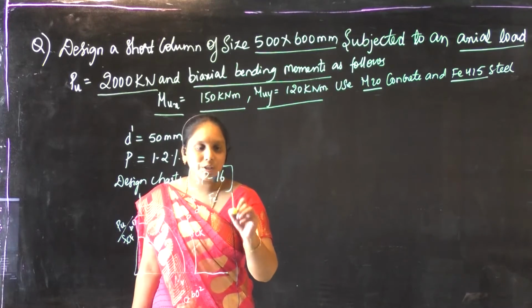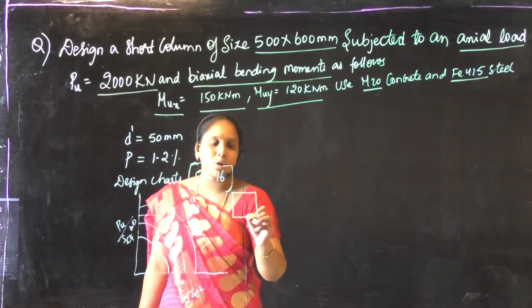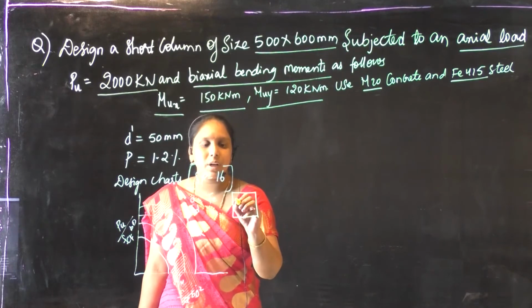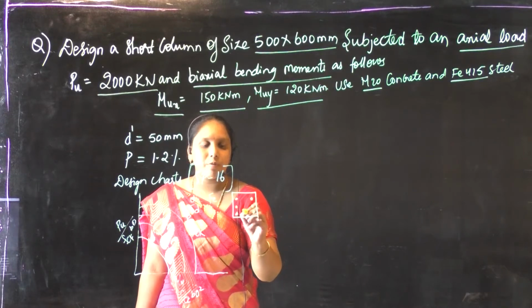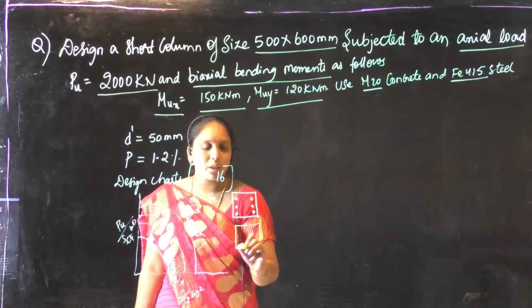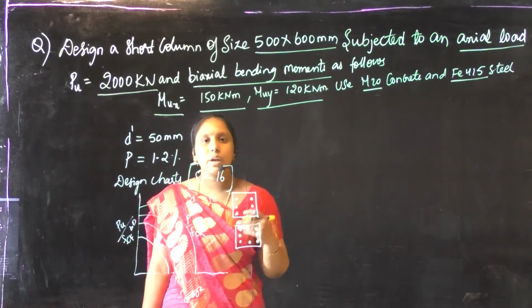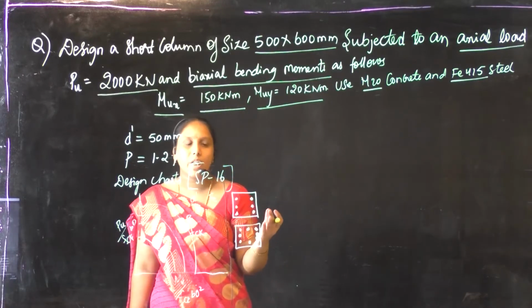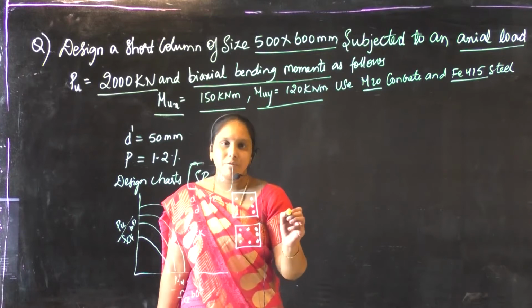And you have charts for the provision of the reinforcement also, if you are providing the reinforcement either in only one direction or on all 4 directions. Here in the question we have assumed that we are going to provide the reinforcement on all the 4 sides.